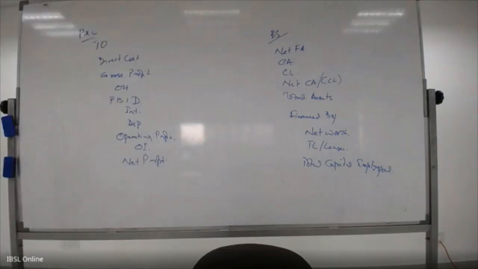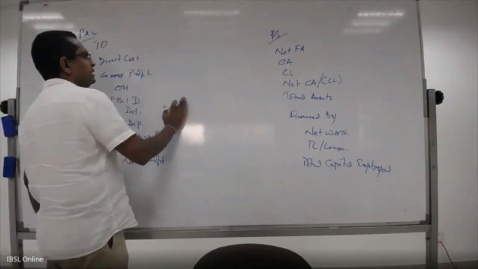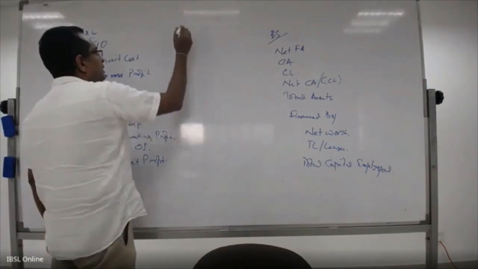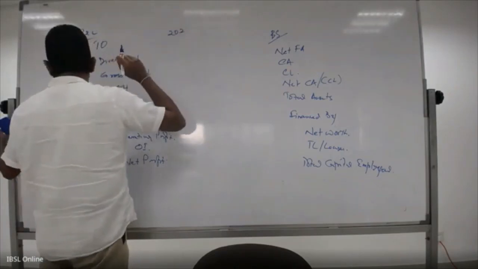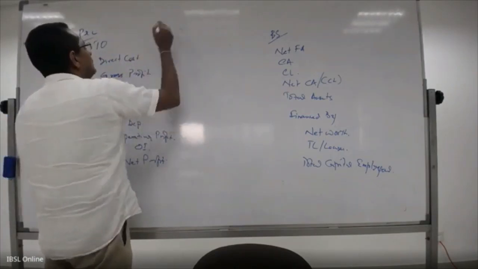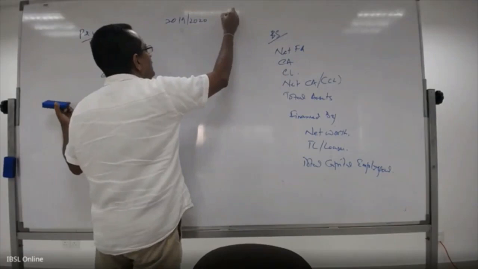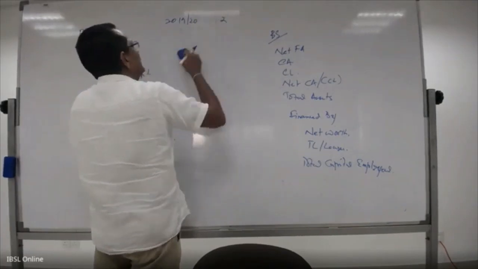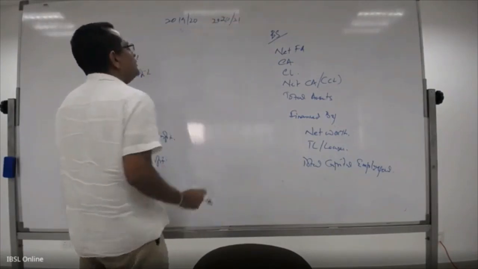Then we talk about horizontal analysis, right? What we do under horizontal analysis is we take the P&L, it can be P&L or balance sheet, whatever. We have 2020 and 2021, two years.